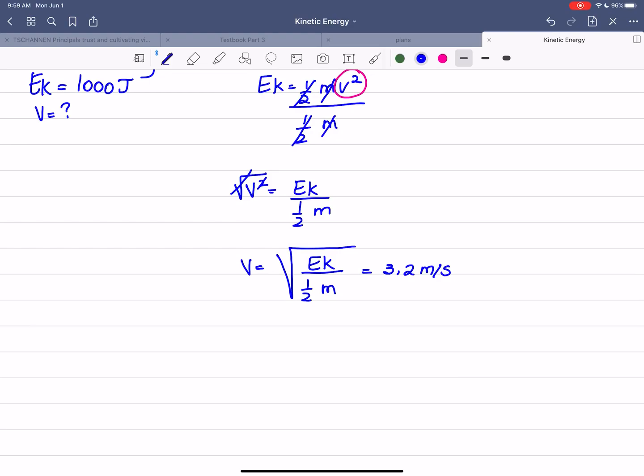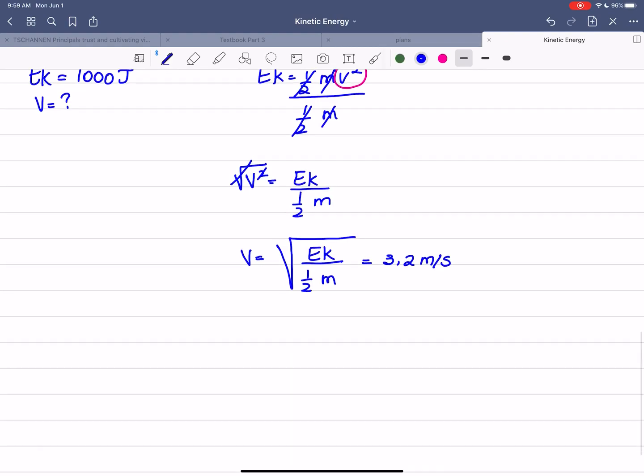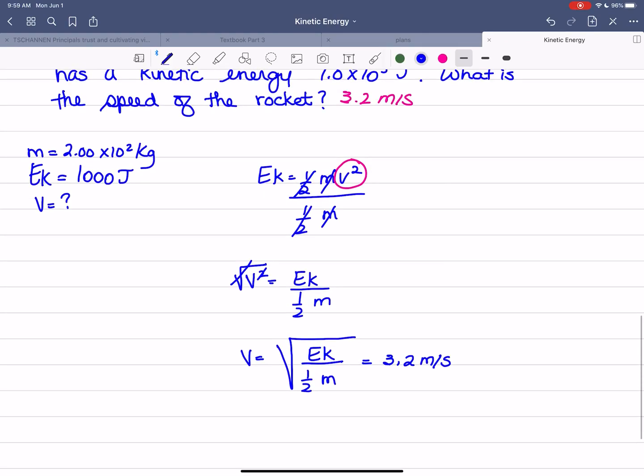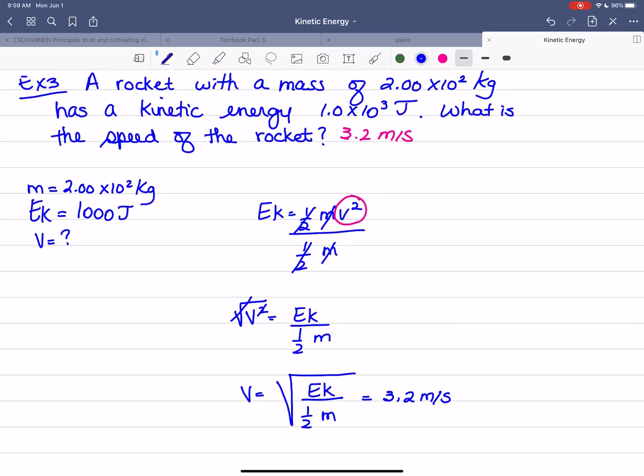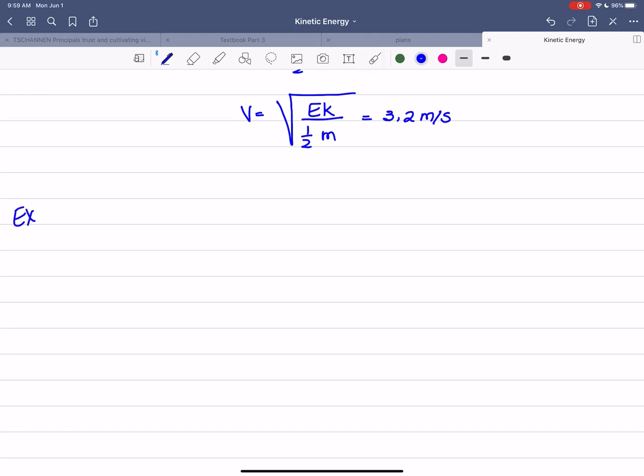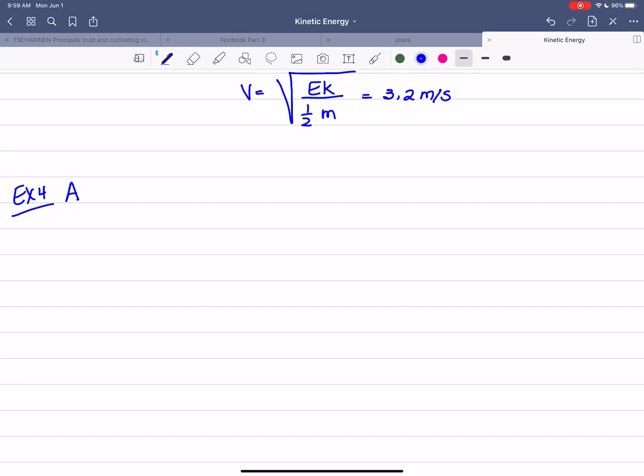All right, now the last example we're going to do: what if we have to do one more step? What if we are missing one of our pieces of information? So let's do example 4. A ball rolls from point A to point B in 15 seconds.